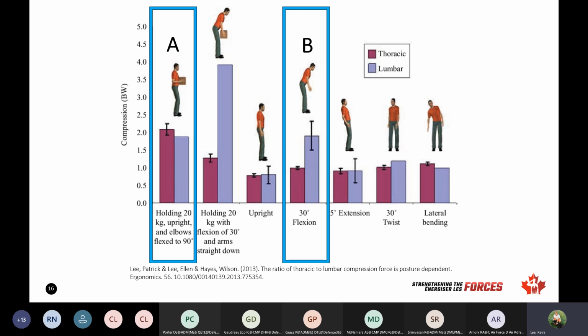So position A, where they're standing with the box and elbows bent. The compression forces on the lumbar spine, so the light purple bar, it's almost at 2 there. And for position B, which is the second blue box, 30 degrees of flexion, it's got almost the exact same amount of lumbar compression forces, which is that light purple box.